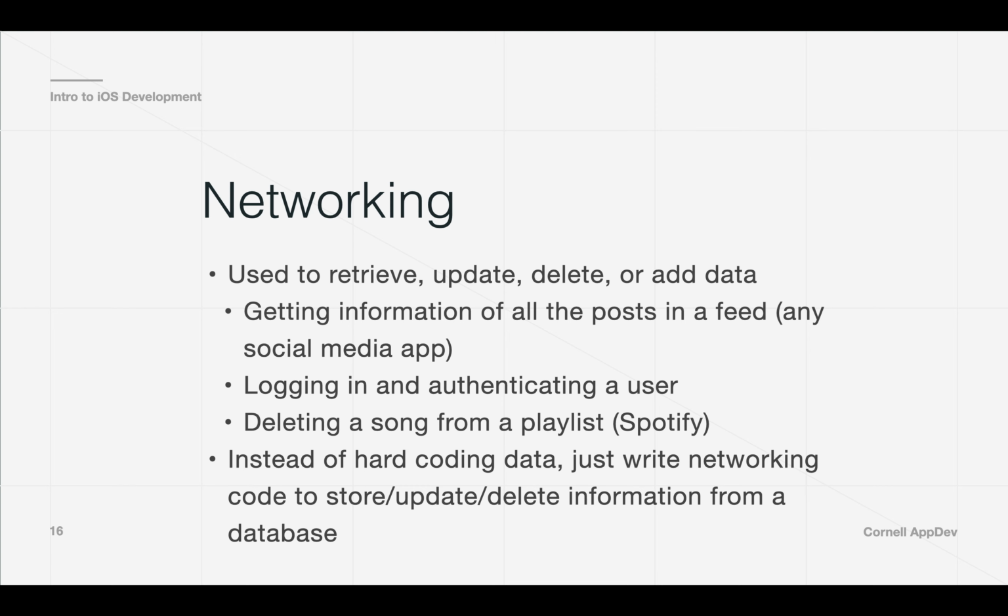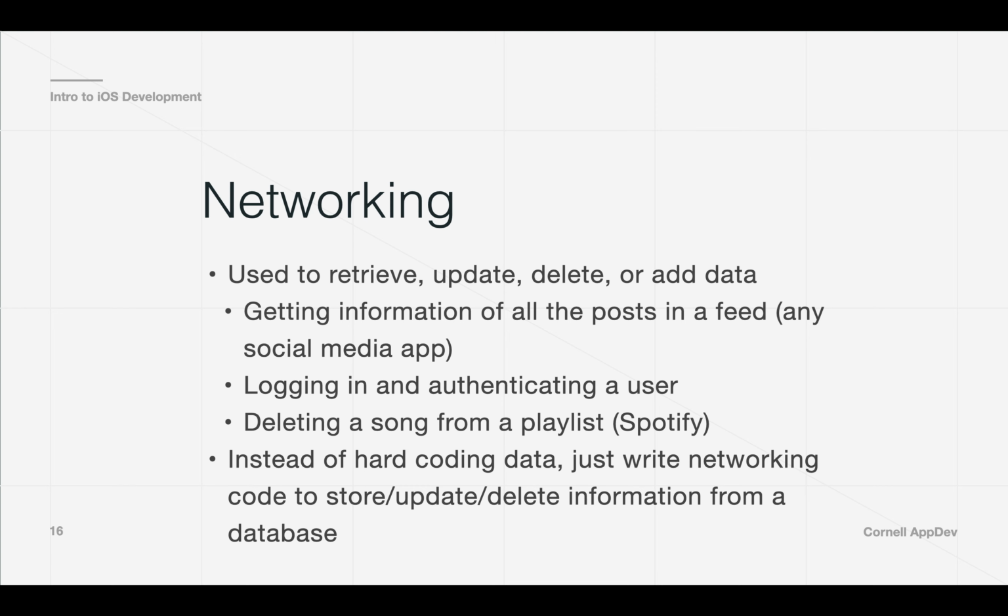Dope. So some more review on just general networking stuff. We use networking across all apps to retrieve, update, delete, or add data, pretty much modify any database or access any outside information. Like if you want some global data storage, for example, if you want to store all your courses on one data center instead of storing them locally on the iOS side, you would just set up some sort of database, and you would use networking to access that information.